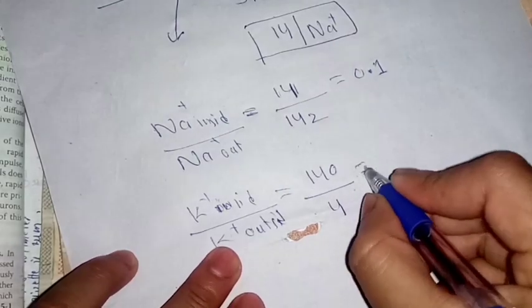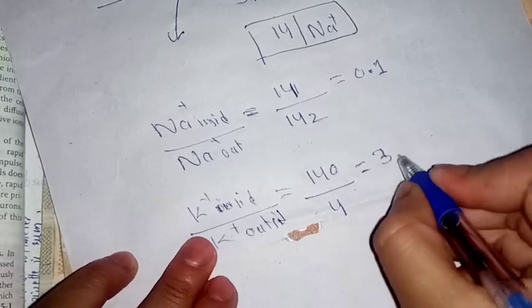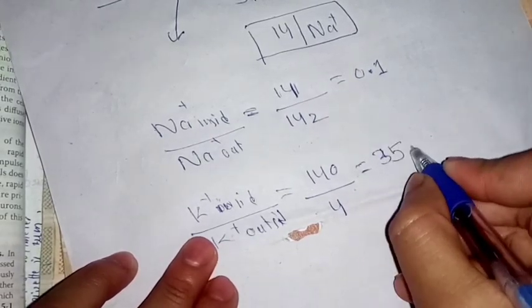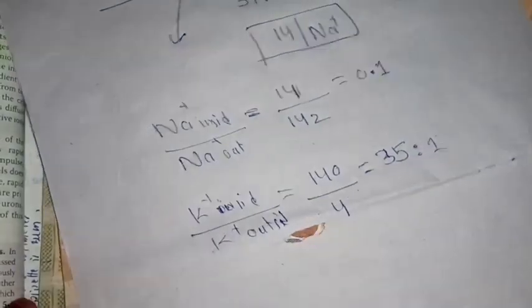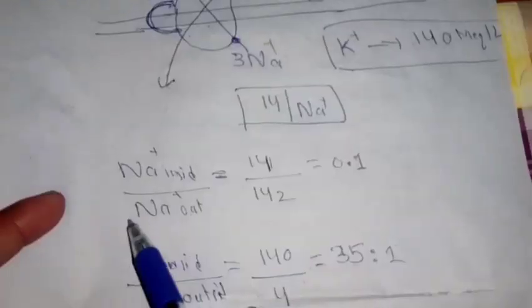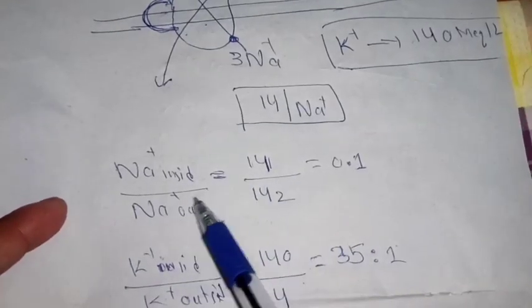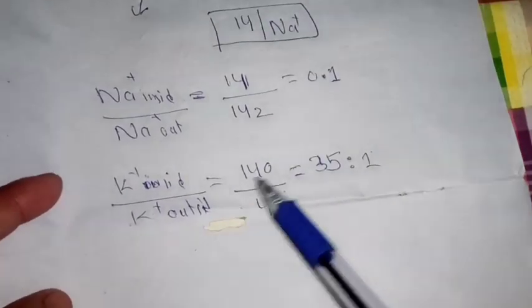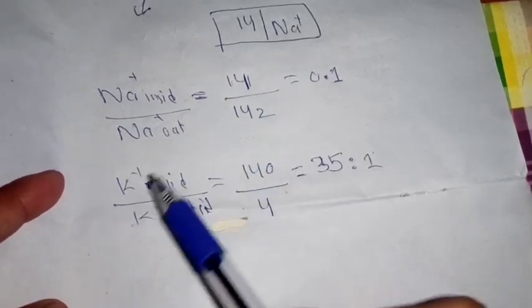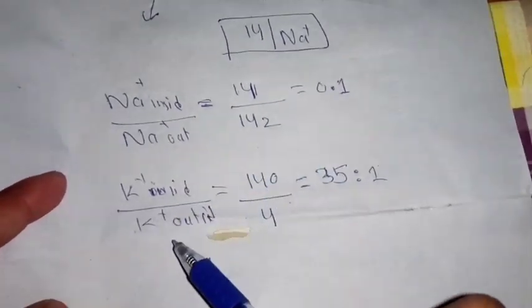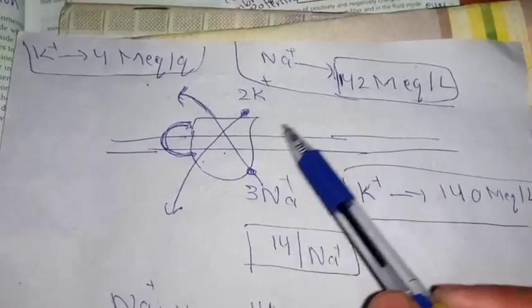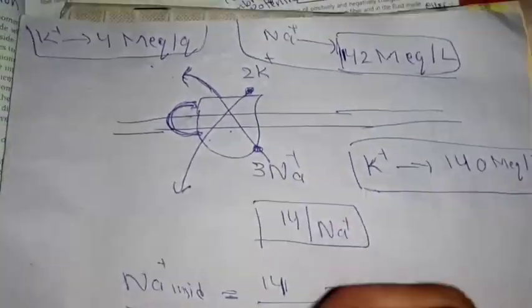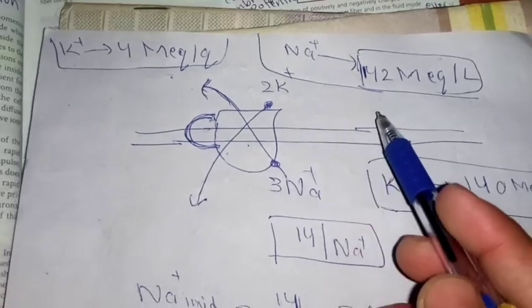So we got a ratio of 35 to 1. This is the ratio for the sodium and this is the ratio for the potassium. We will need these ratios in the upcoming discussion. So this is the contribution of the sodium potassium pump in generating the ionic concentration difference across the membrane.